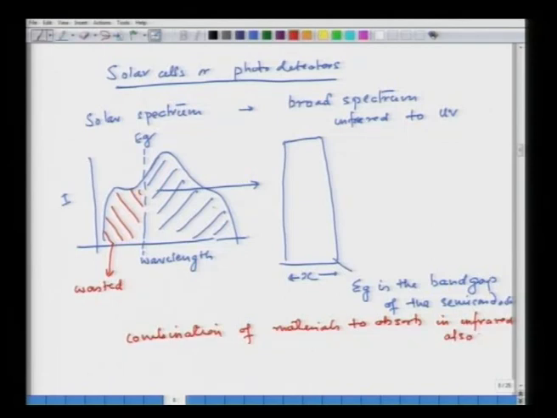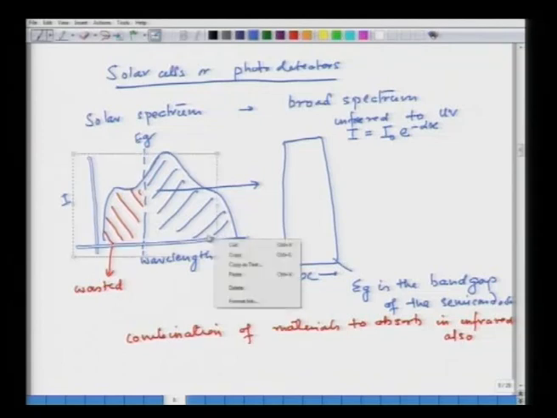With the blue light also there is a problem. The problem occurs because the amount of absorption in this slab, as discussed earlier, is basically decided by the exponential, and as we go towards higher energy, most of the light gets absorbed near the surface, because the absorption coefficients are high.